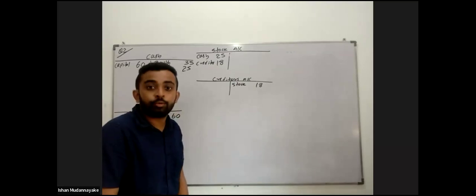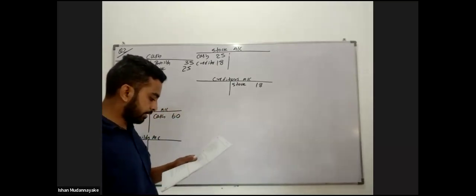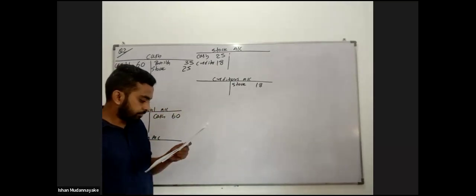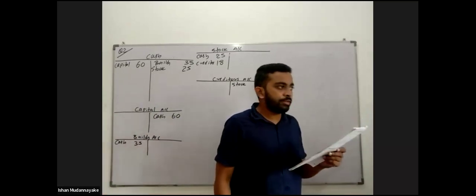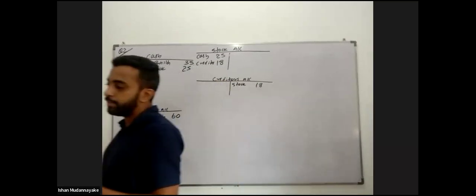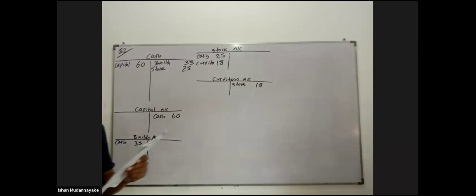Right. Look at the next transaction. Fifth one. Obtain a bank loan amounting to 75,000. We have obtained a bank loan of 75,000. Then how to record this 75,000?